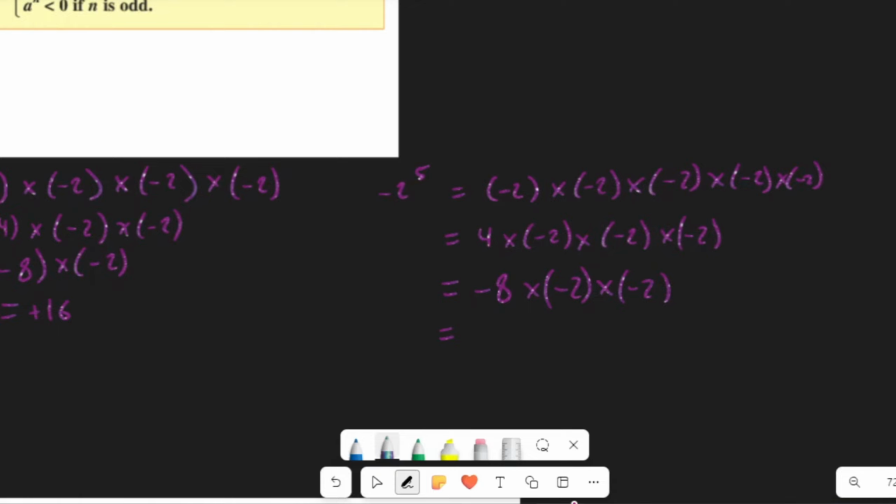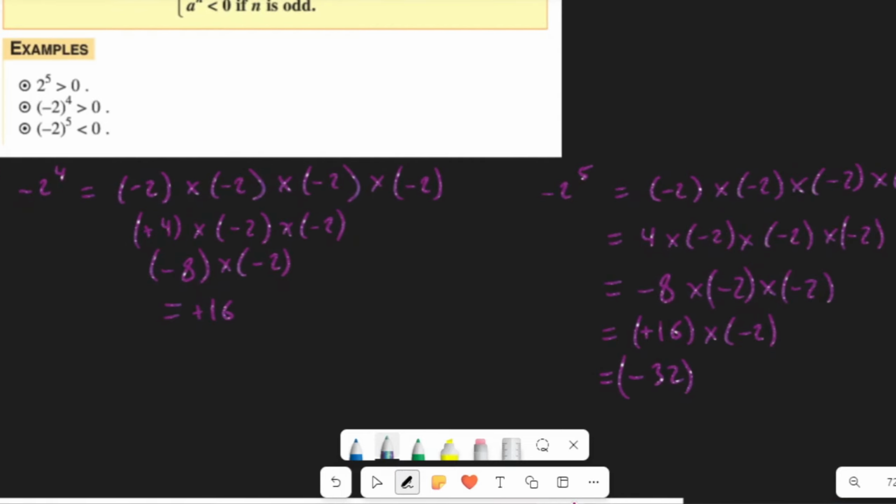This will result in positive 16 multiplied by negative 2, which would give us negative 32. You see, an odd exponent gives us a negative number, while an even exponent gives us a positive number.